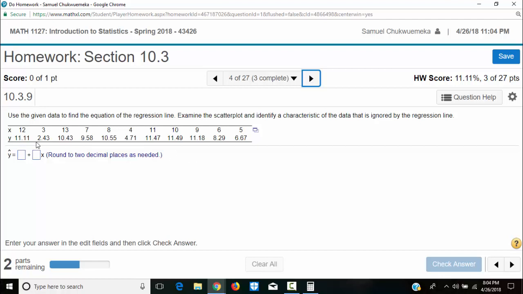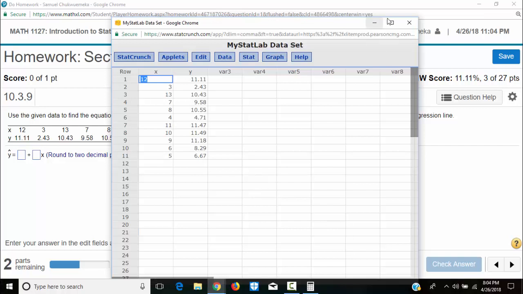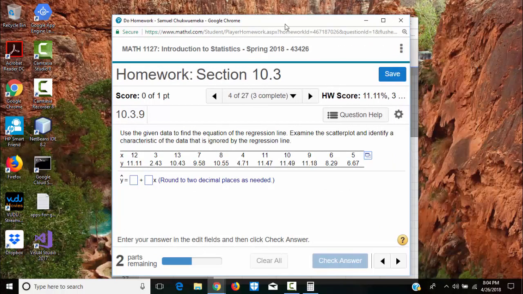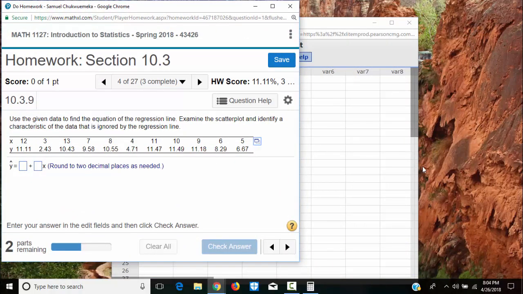So let's start with StatCrunch. I'm going to click on this, open in StatCrunch. We already have our labels X and Y, so we are good. So you go to Start. Let me pull this to be on the same page.